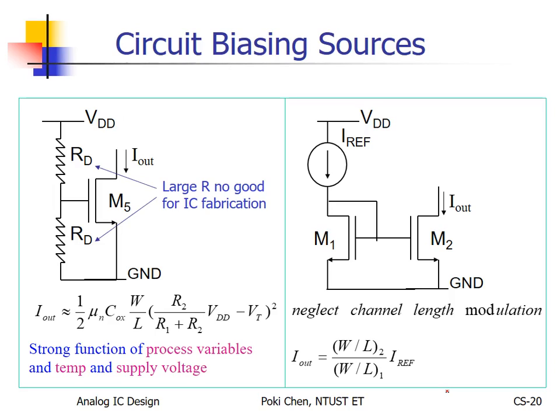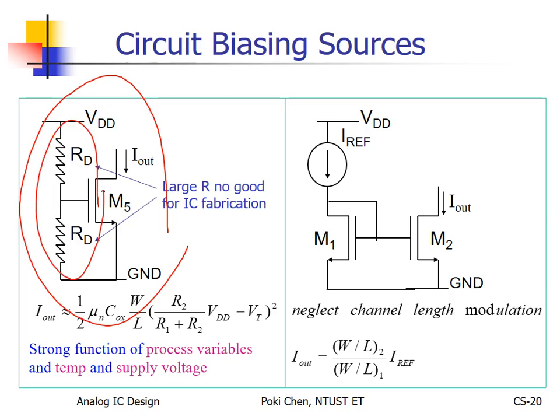And how about current biasing? Why? This is a very good explanation. If you would like to get any kind of bias voltage, then you need the help of so-called voltage division, right? How to divide voltage? The easiest way is through the help of R string.